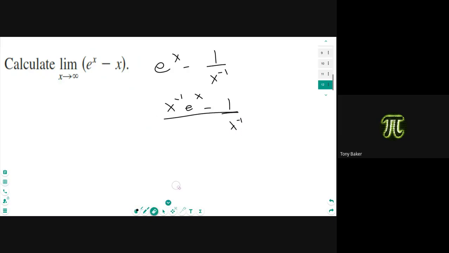The question is does it? Wouldn't it be e to the x minus 1 over x? Yeah. I still need the x to a negative 1 up here.